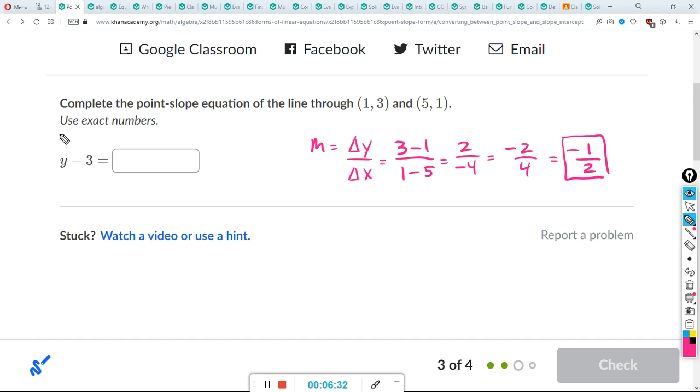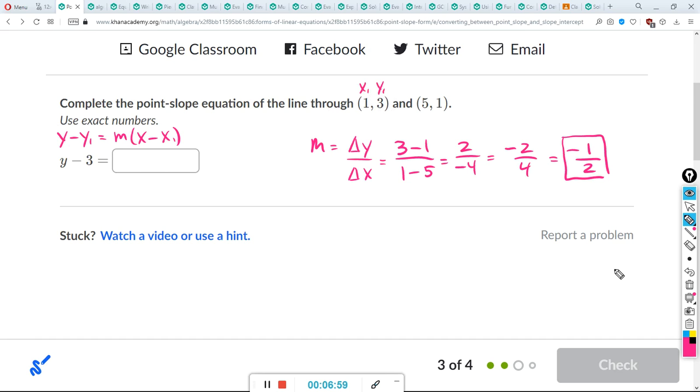Remember the formula: y minus y1 equals m times x minus x1. You can see here they use 3 for y1. So if 3 is y1, that means x1 is just 1.